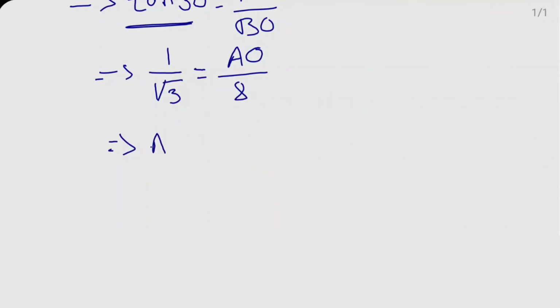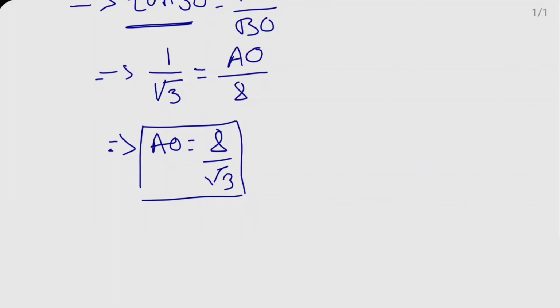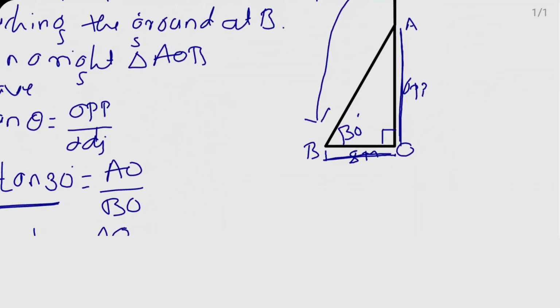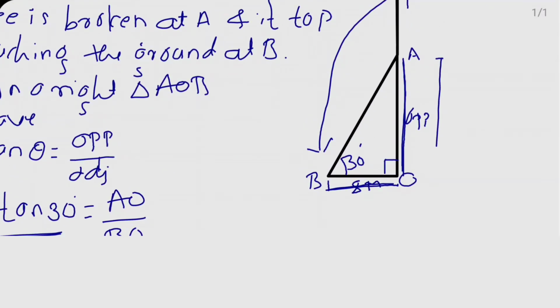This implies AO equals 8 by root 3. So here AO is 8 by root 3.